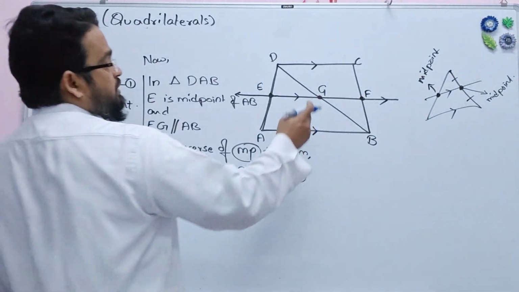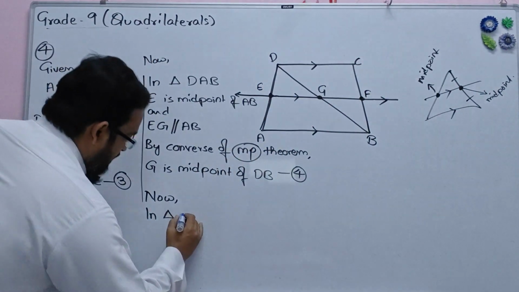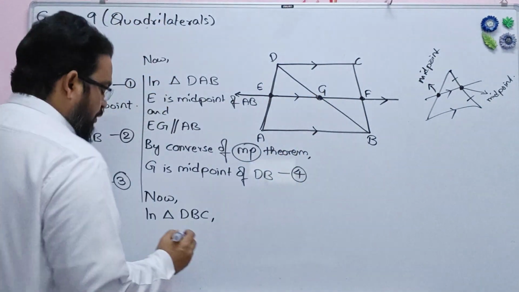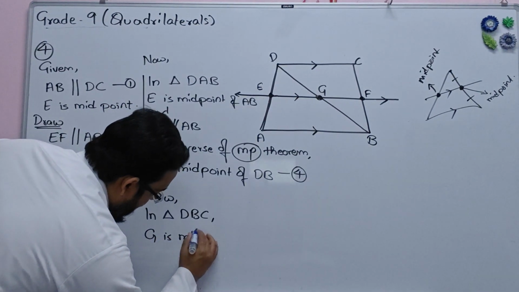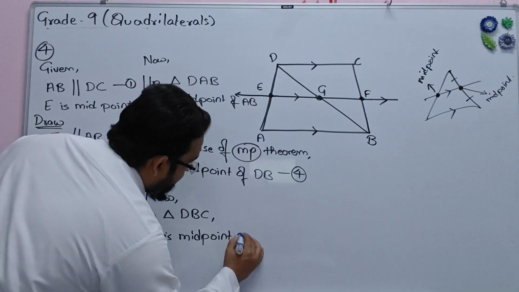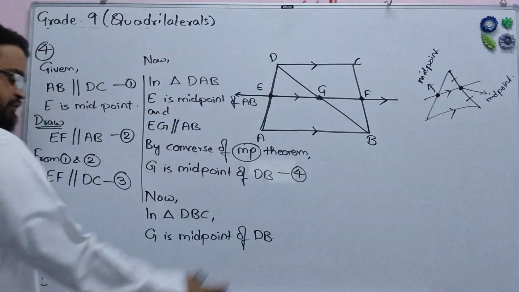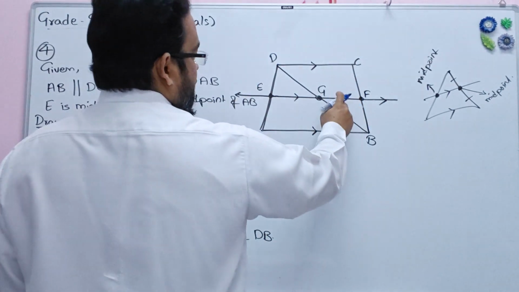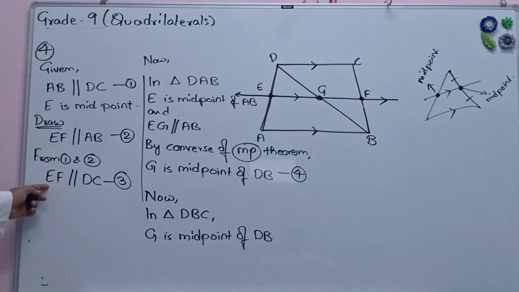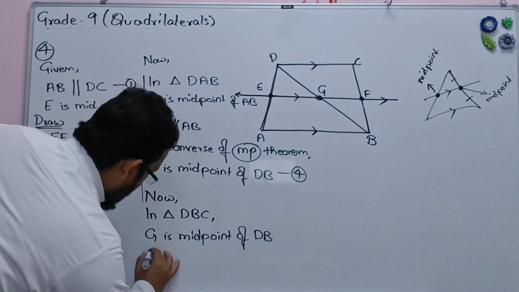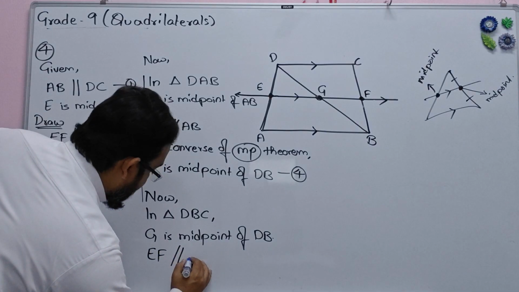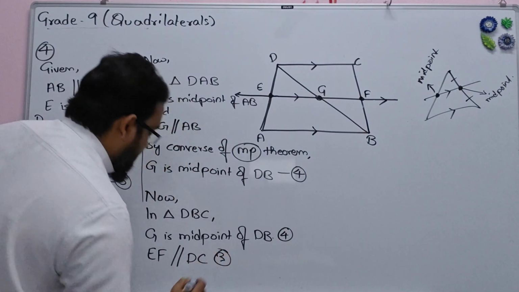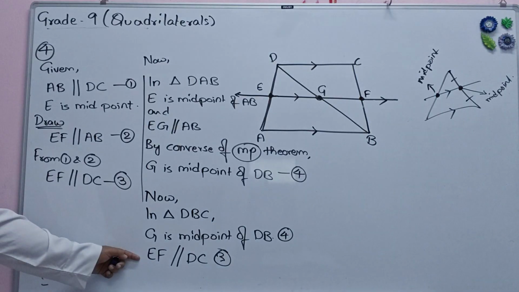Now in triangle DBC, what is G? G is midpoint of DB. So we got it from the fourth one. Understood? And also GF, that means EF is parallel to DC. Why? Because EF is parallel to DC from third. This is from fourth statement and this is from third statement. So G is midpoint and EF is parallel to DC.